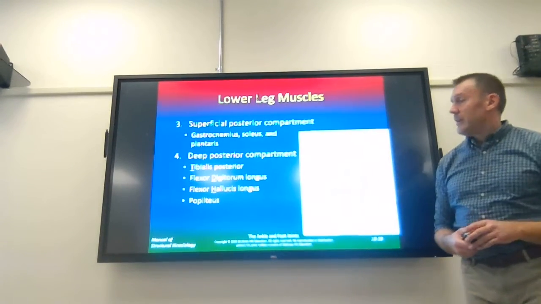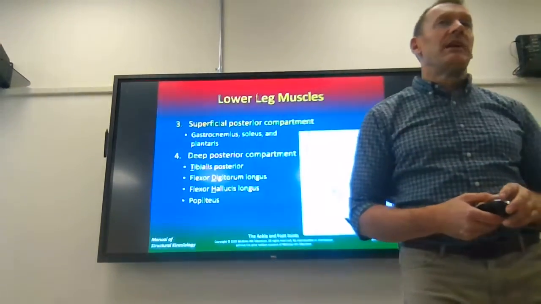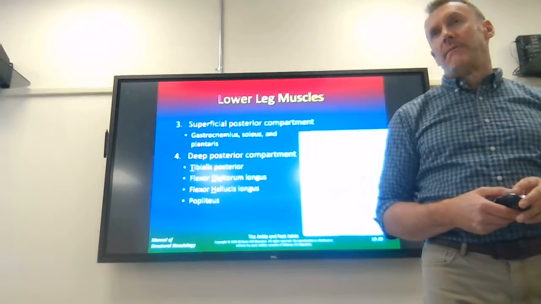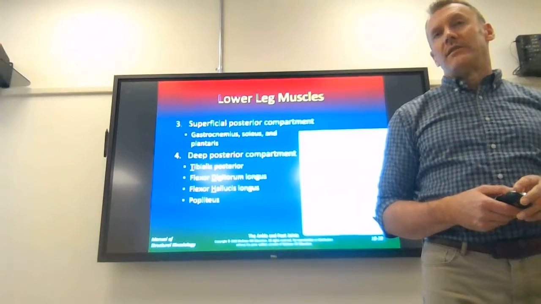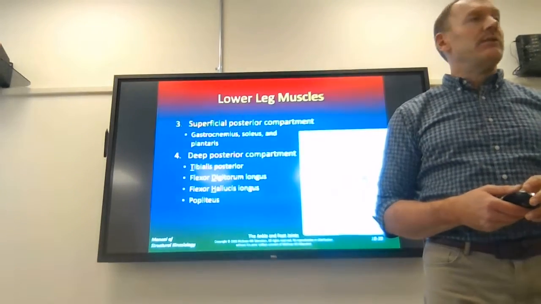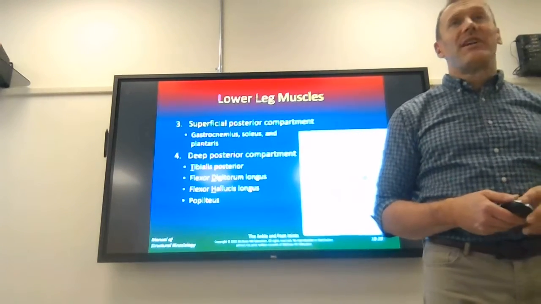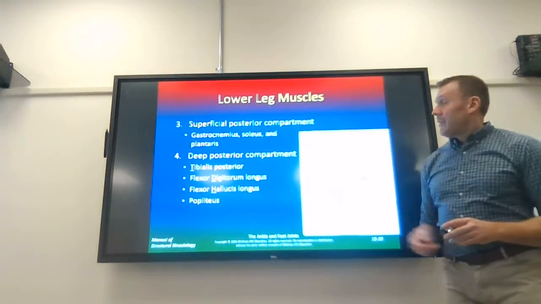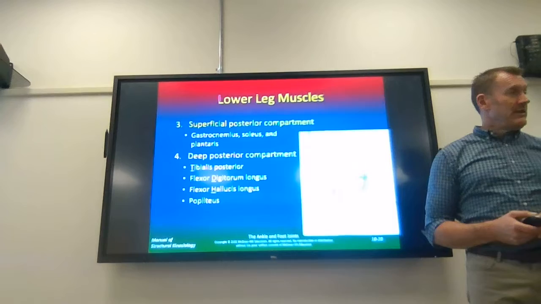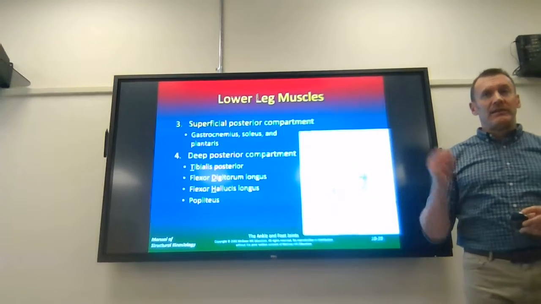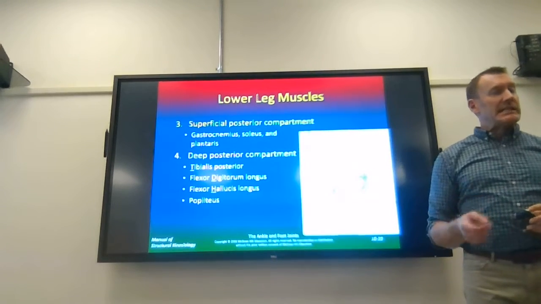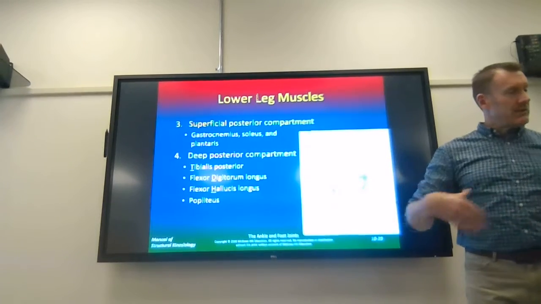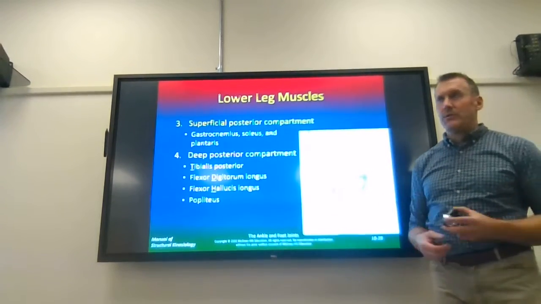It's interesting, the soleus in most people has about 90% slow twitch type fibers. If you've had your exercise physiology, you know that slow twitch means endurance, right? So it's thought that the soleus is an important stabilizer of the ankle joint. It has this ability to be fatigue resistant and constantly active, kind of like a lot of the deeper muscles of the torso have that slow twitch characteristic.